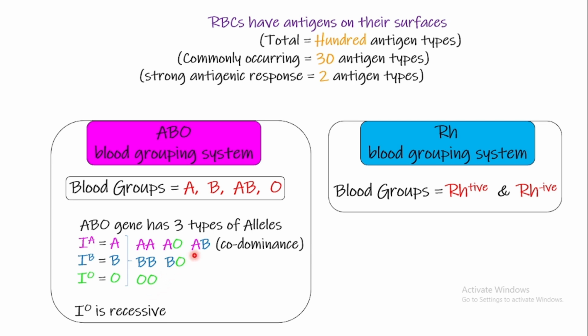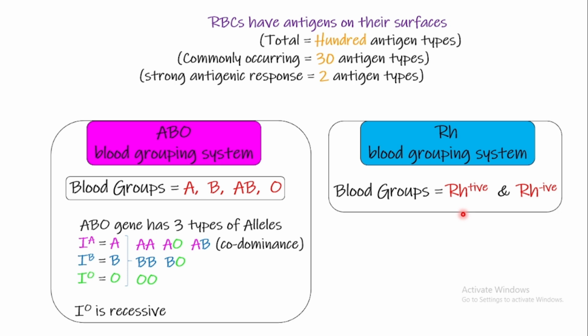So that's how these three different types of alleles, two acting as dominant and one acting as recessive, give rise to four different types of blood groups: blood group A, blood group B, blood group AB, and blood group O. And then there is D antigen present or D antigen absent, giving rise to the positive and the negative.